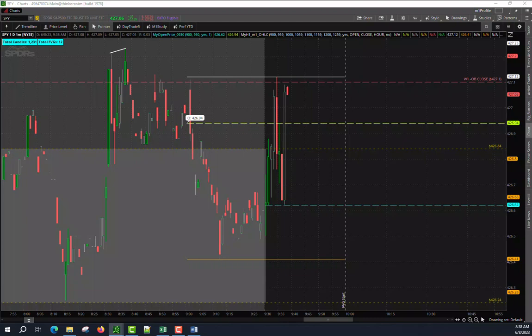Let's look at a 15 minutes time frame to see if it gives us the idea where the price is going to go, or where the draw on liquidity is. So 15 minutes.